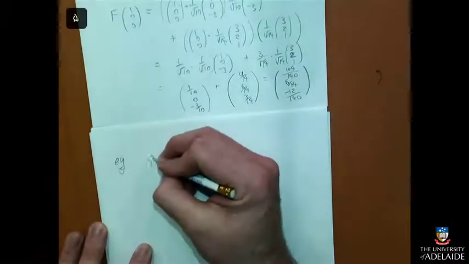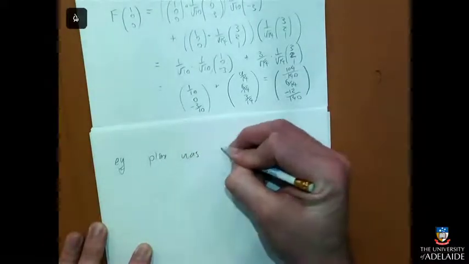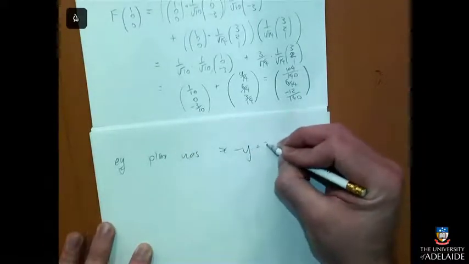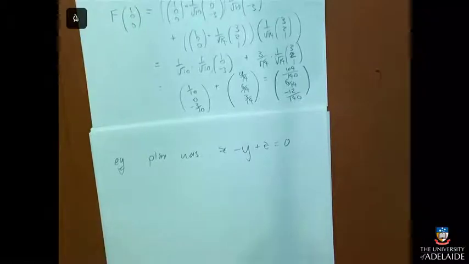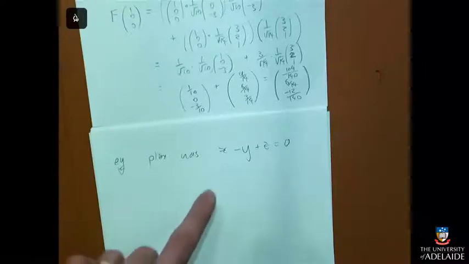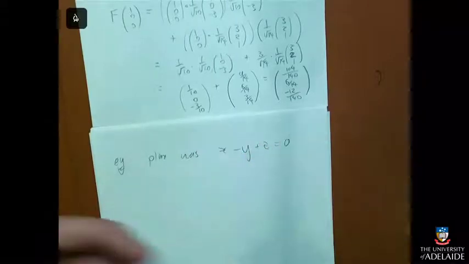There was a classic one in an assignment at some point in the past where your plane was like, and you went, well, it's a plane, it's going to have 2 basis vectors, so I just have to think of 2 basis vectors that work, right? I don't have to go through the whole process of solving it. So I could go, well, 1, 1, 0 would work.